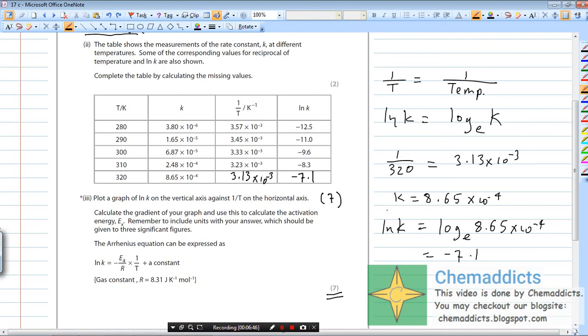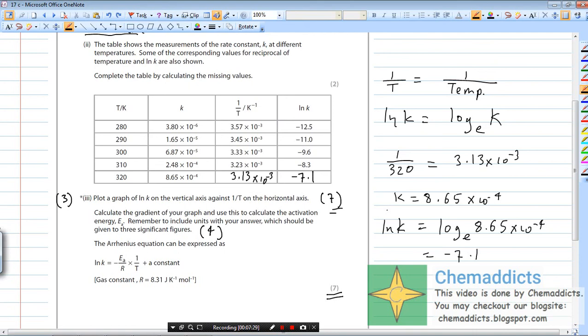For the first part the mark is 3, and for the second part the mark is 4. So in total we will have 7 marks for this question. Okay, so at first let us answer the first part. We're going to deal with this question part by part.